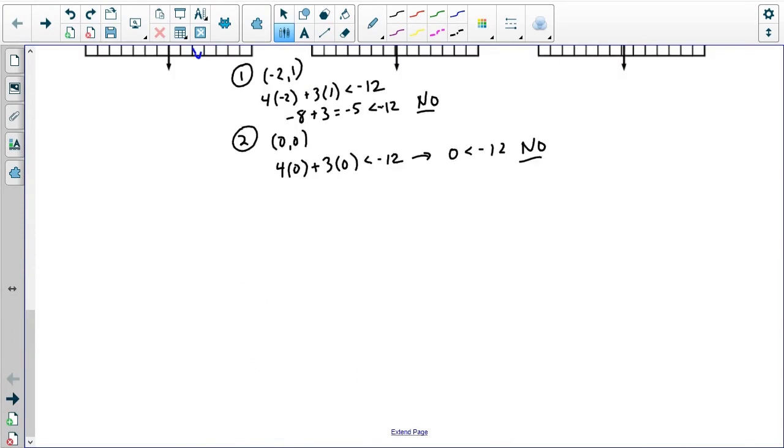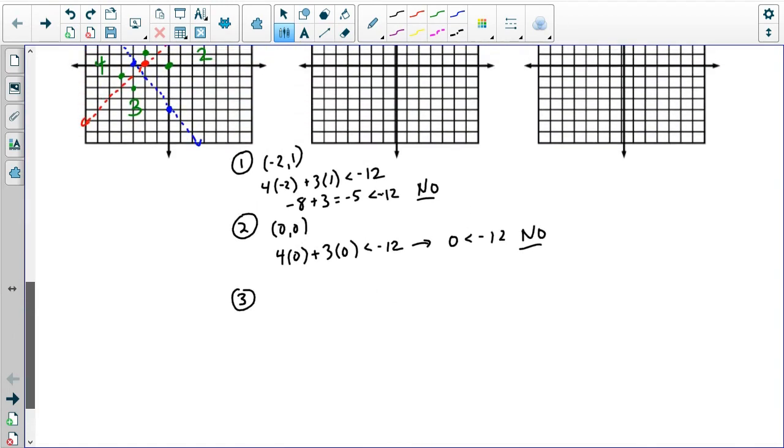Okay, now we will check region 3. Region 3 appears that we have the point -3, -2 that we're checking. So 4x plus 3y less than negative 12. I have negative 12 minus 6, which is negative 18. And negative 18 is less than negative 12. So that is a yes. Now I'm going to check the other equation.